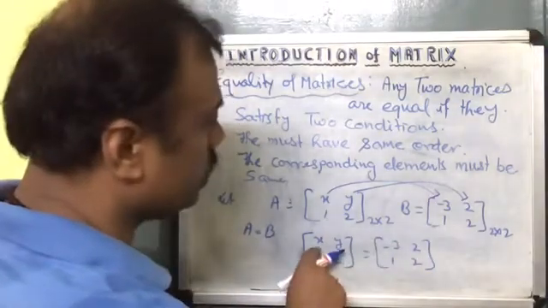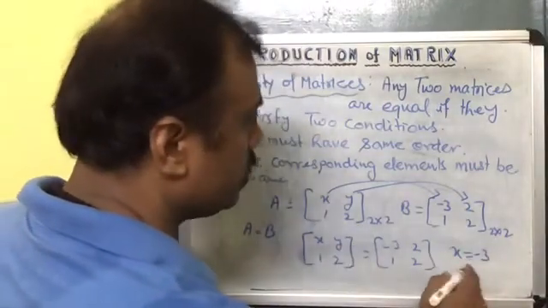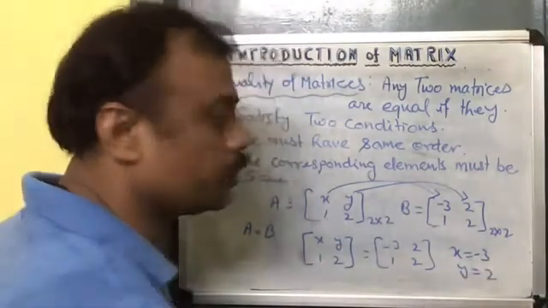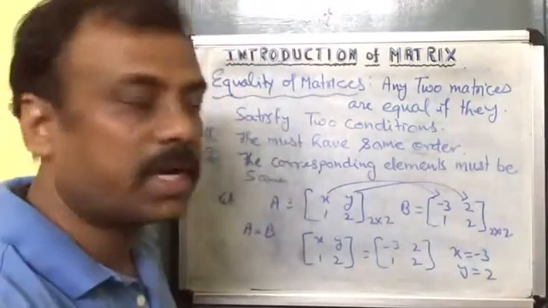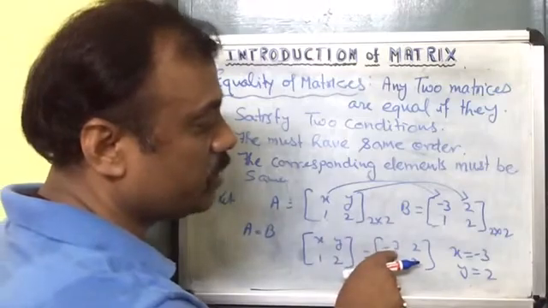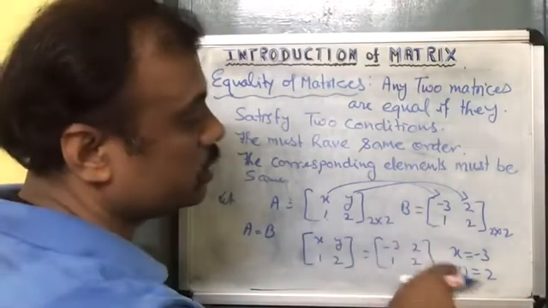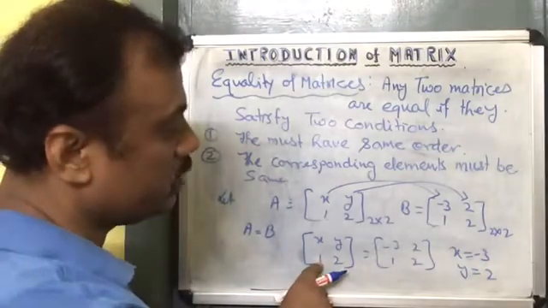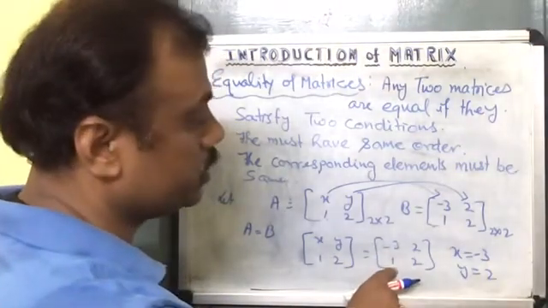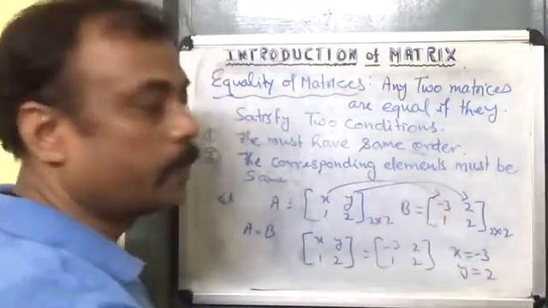Both are equal, so we compare x equals -3 and y equals 2. Corresponding means here at the same address. The a11 is here x, a11 is here minus 3, a12 is here y, a12 is here 2, a21 is here 1, here also a21 is 1, a22 is 2, a22 is 2.